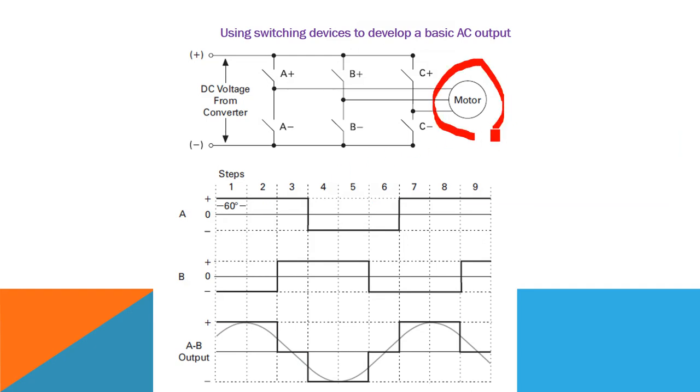Here we will be seeing a motor, and there will be 6 IGBTs, we can say 2A, 2B and 2C, that is, 6 IGBTs are there, and we will be giving DC. How it is working is, at any point of time we will be closing 2 switches. For example, we can say A plus and B minus.